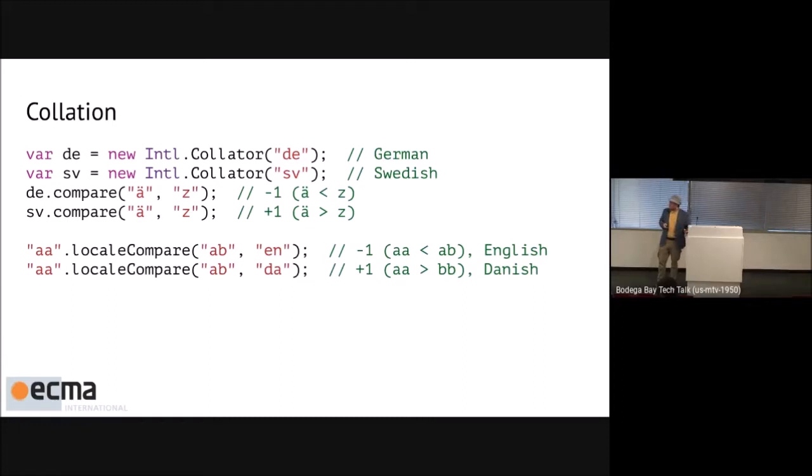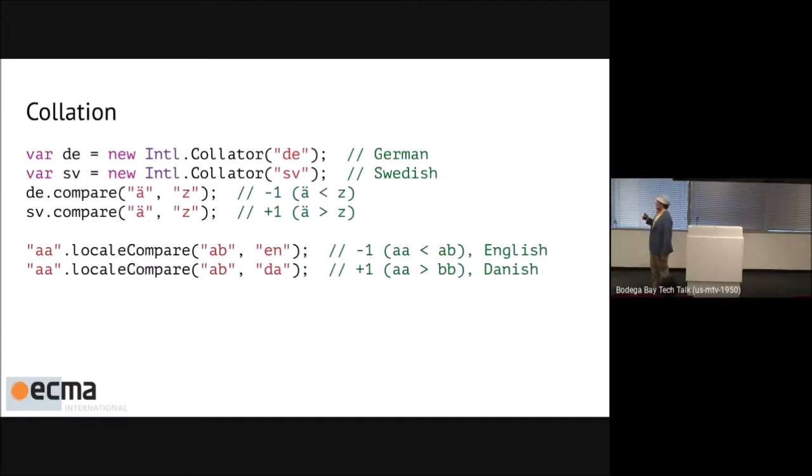Question: why is there a discrepancy in syntax between compare and locale compare? You have the language code in the front for compare, but not for locale compare. That's actually a great question. The reason is that the locale compare function, if you don't pass any locale, is going to default to the browser's default locale.